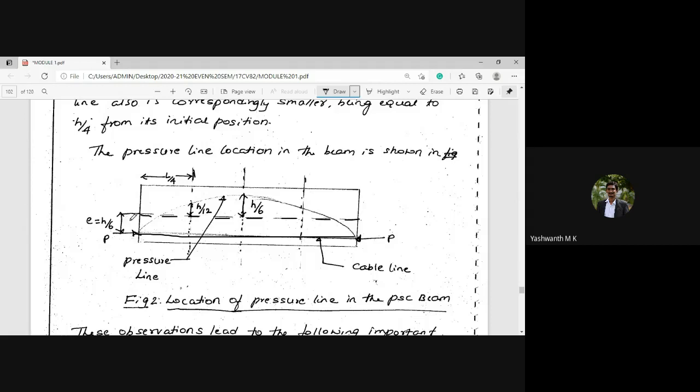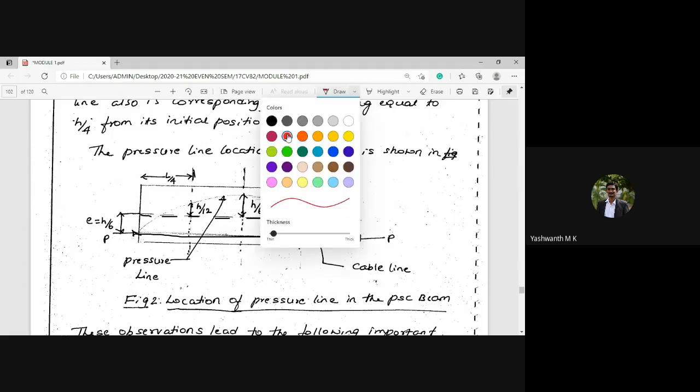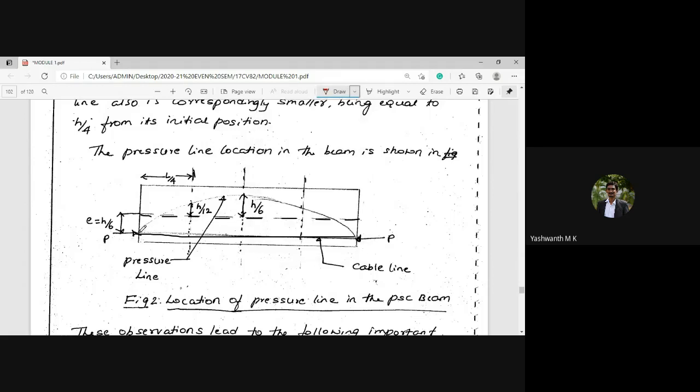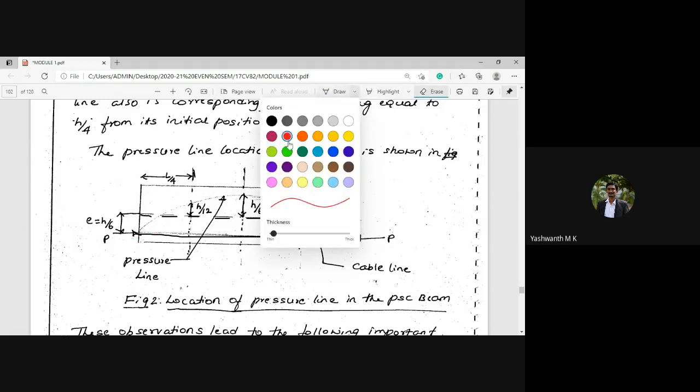At support, at quarter span, at mid span, it is uniform throughout. So now how to mark the pressure line for this? You can see here how I have marked it, how to mark this pressure line.